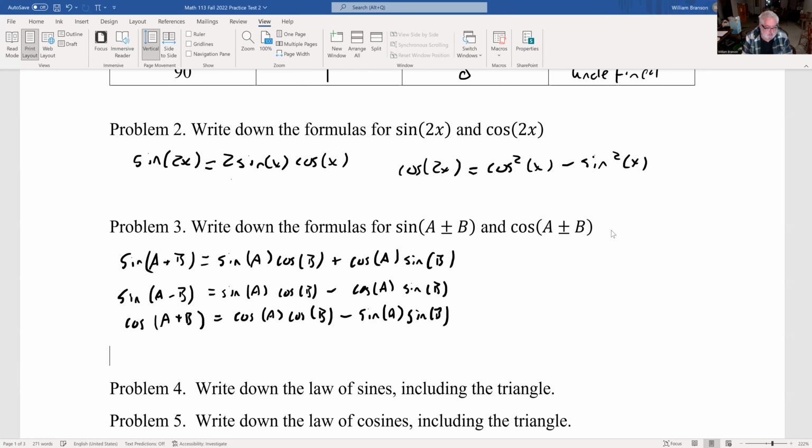And notice if a and b are both equal to x, you get cosine squared x, that's this, minus sine squared x. So that's this formula. And then cosine a minus b is the same formula, except the sign changes in the middle. We have an addition there.